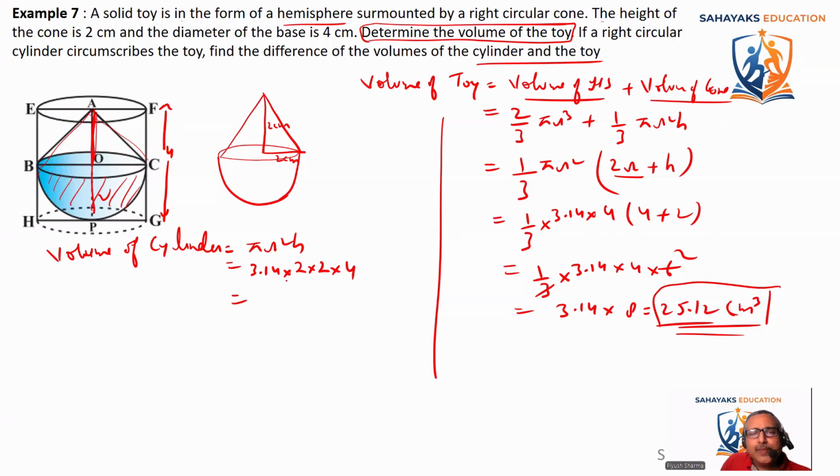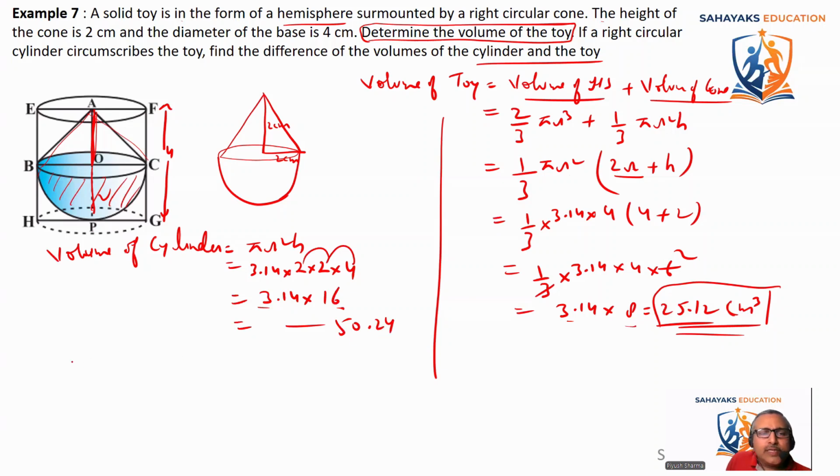So it comes out to be 3.14 into 4 into 4, that is 3.14 into 16. Oh, we could have computed it easily. We unnecessarily made it difficult. It's double of it, because this is 3.14 into 8 and this is 3.14 into 16. So it comes out to be 50.24.